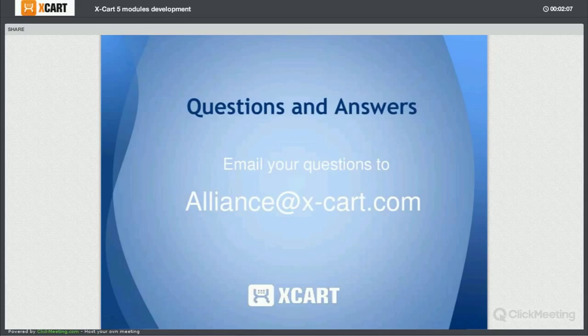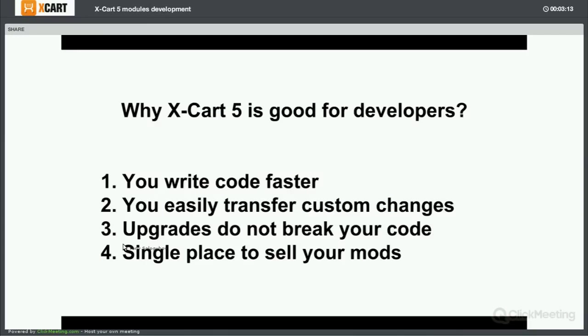So now I'm going to talk a bit about why XCart 4 is good for developers. First off, XCart 4 is great because you can easily write the code. But the main problem is that if you start writing something very complex, you need to duplicate a lot of code.